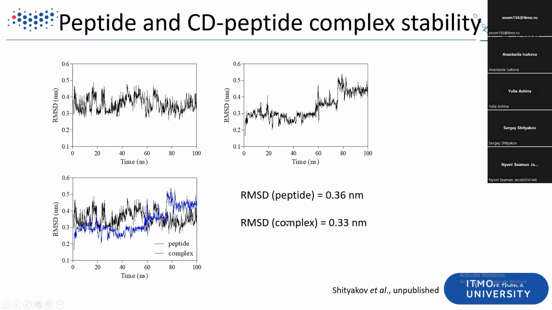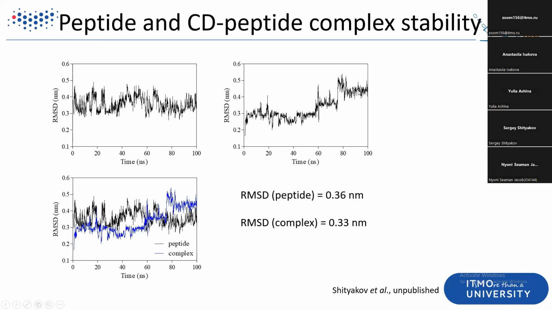As you can see, you get slightly higher deviation of the peptide alone, but if you do the complexation, you have a decrease in the deviation of the peptide.